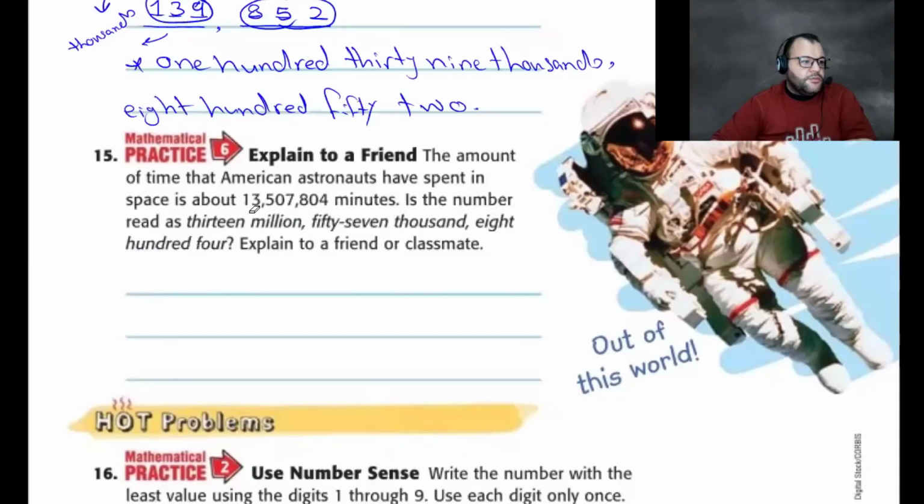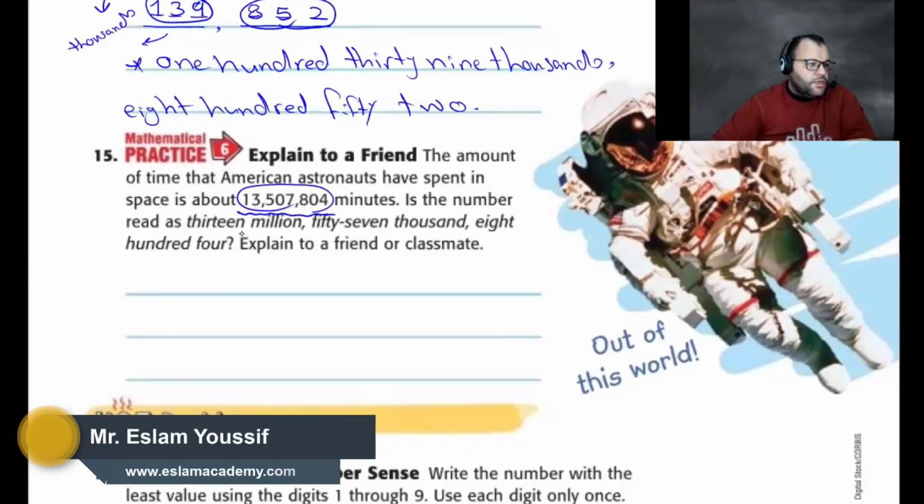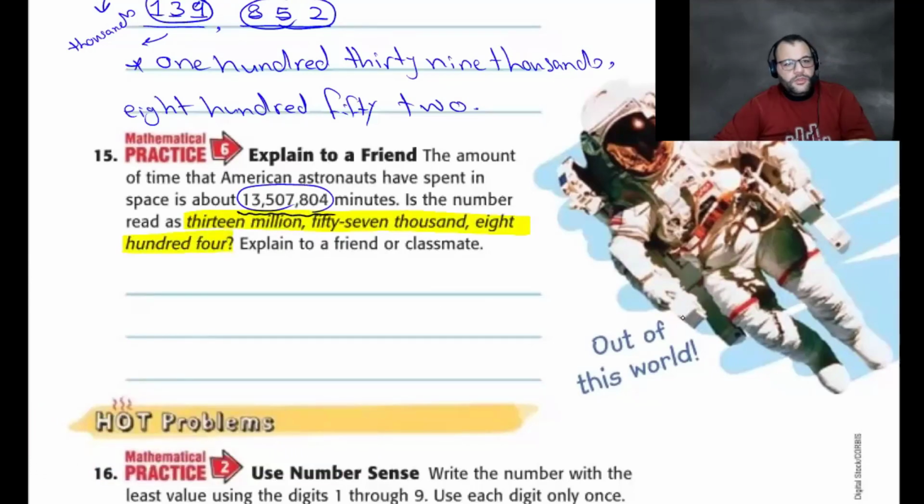You need to read this number and check whether it was read in the right way or not. If you know the answer, just raise your hand. So Hamza, can you solve this one?